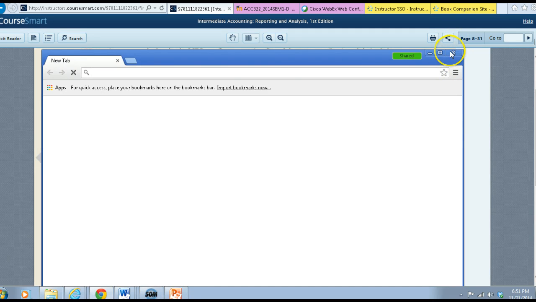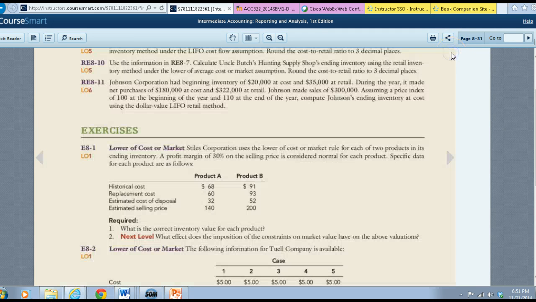Oh my goodness. And the replacement cost is 60. The estimated cost of disposal, 32, and the estimated selling price is 140.